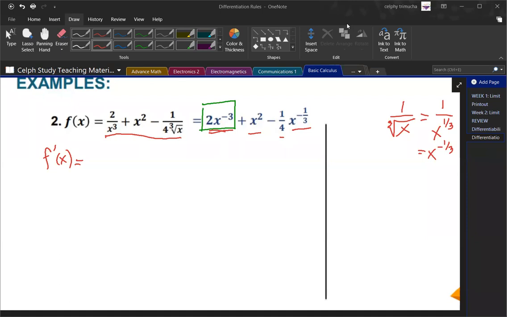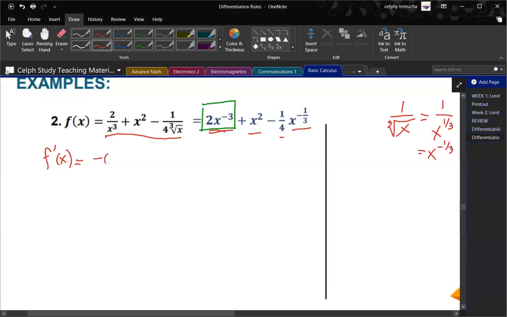Negative 6x to the power of negative 2, sir. Okay, so we have multiply naton. So multiply ang 2 times negative 3, that will be negative 6. Kapit ang aton nga variable which is x. Sa aton nga exponent, take note nga negative siya, negative 3 minus 1.